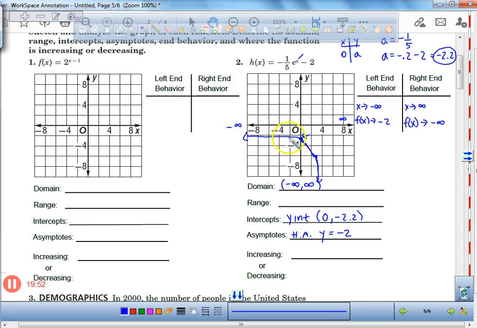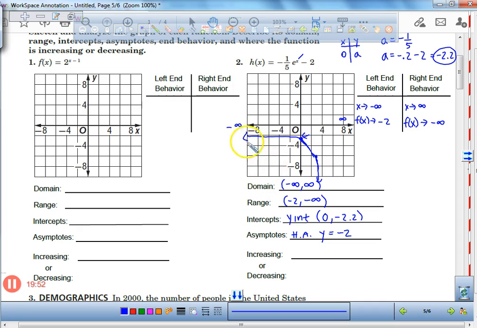Going down from negative 2, so we're going to put a soft bracket at negative 2, and then it's going down to negative infinity. That's the range. The reason we're doing this is that when I give you a quiz, I will give you an equation and ask you what the domain is, what the range is, what the y-intercept is, just basics about an exponential function, okay? So you need to know how to identify this stuff.